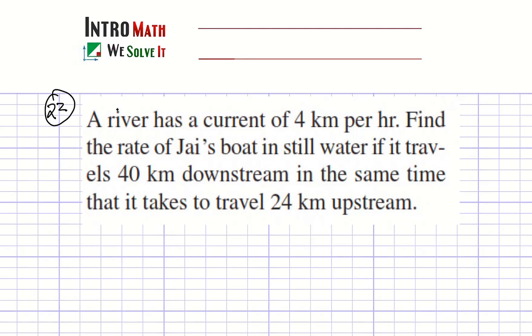You got the current. The current is how fast the water is going. Like I said before, when he goes downstream, the current helps him move faster. Okay, when he goes upstream, the current kind of is like a retarding force, like what they call frictional force. All right.